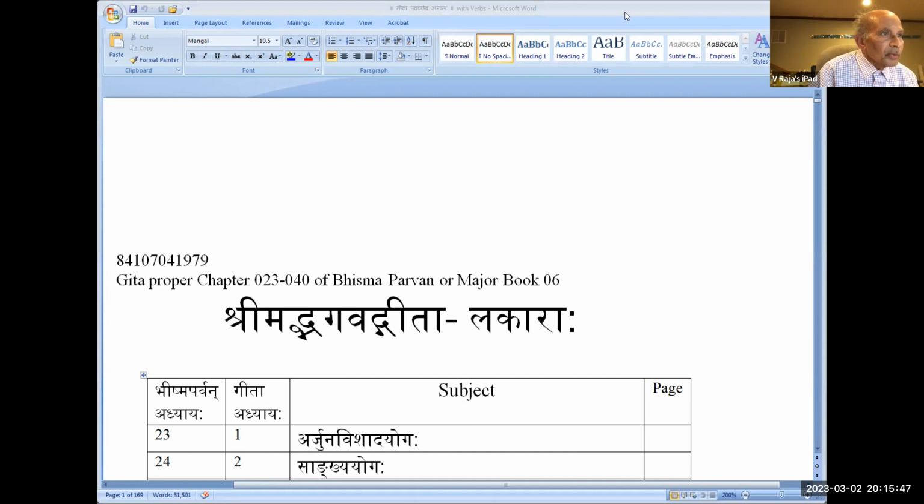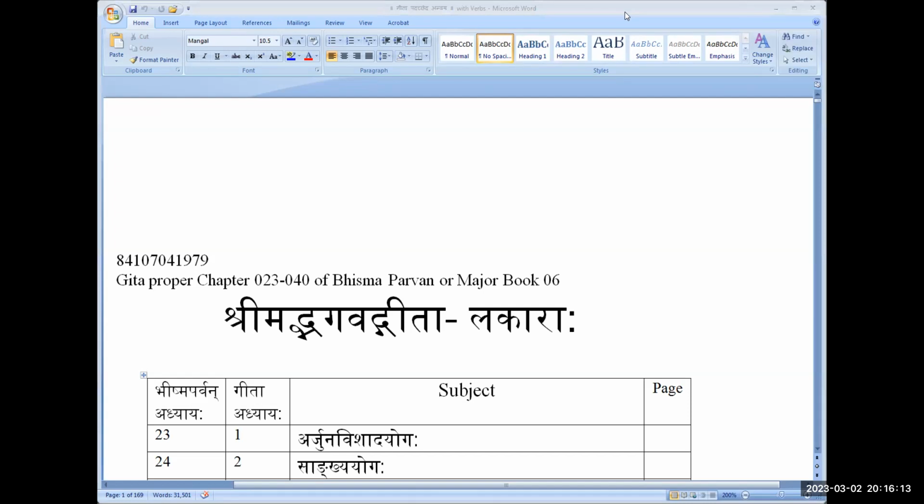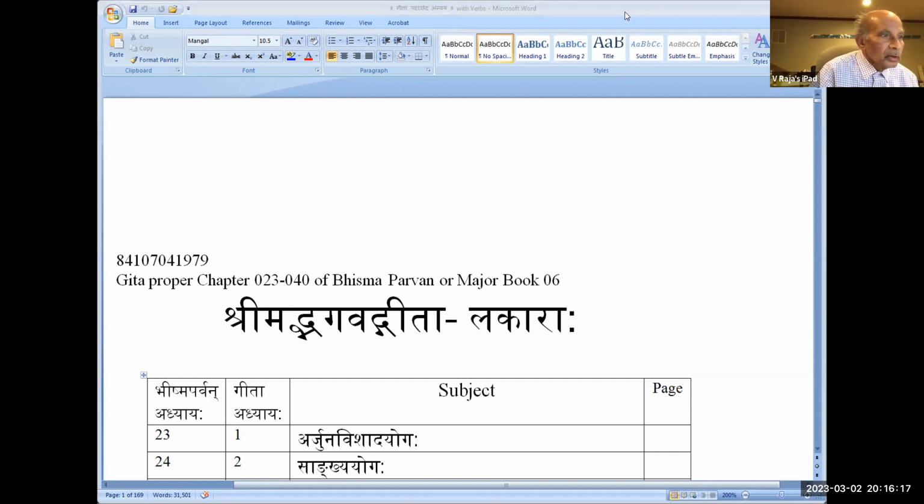Yeah, this is a sloka I was chanting before in the 4th chapter, in the beginning. It's not the 26th, it's the beginning.